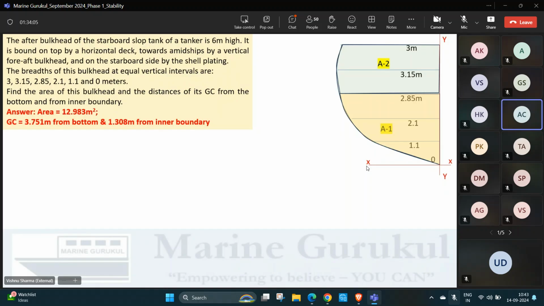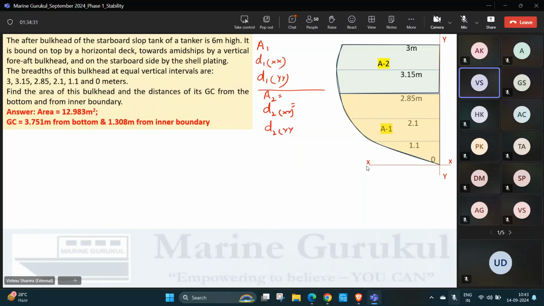So what do you need to get? You need to calculate A1. You need to calculate d1 from XX. You need to calculate d1 from YY. Likewise, you will need to calculate A2, d2 from XX, and d2 from YY.